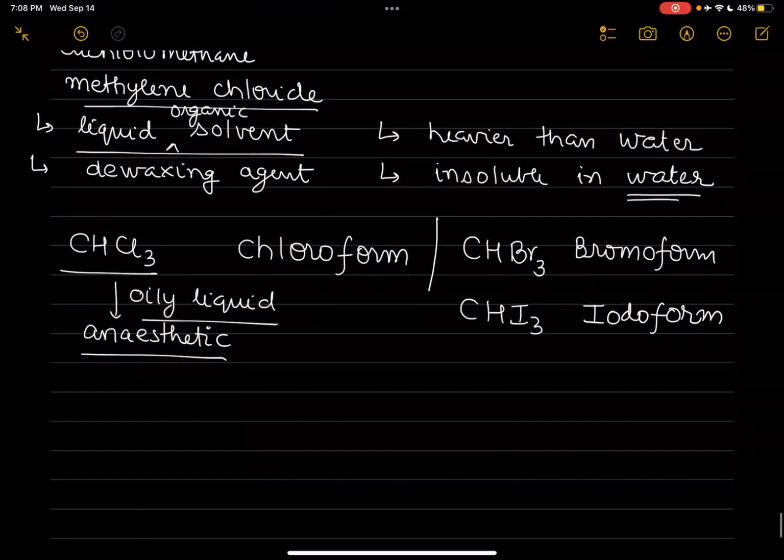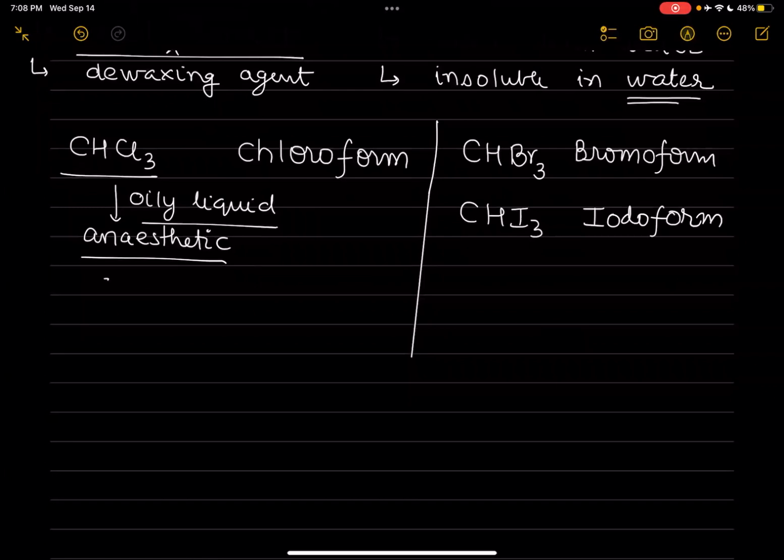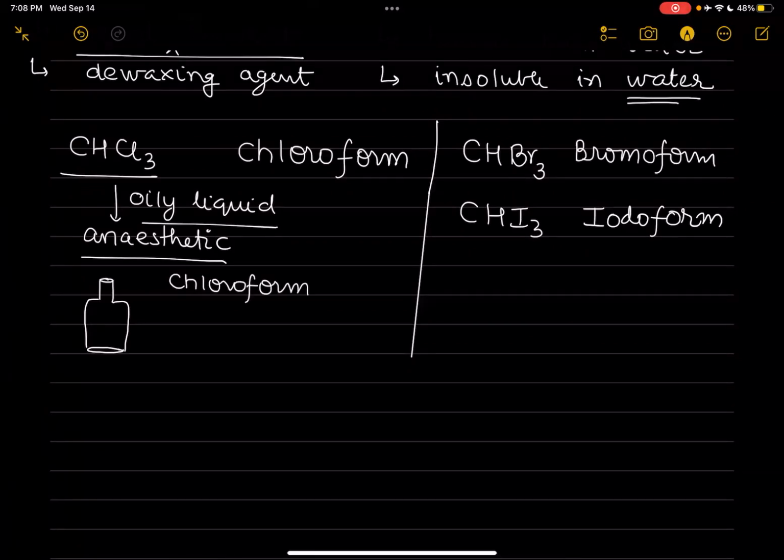And there is a very important question related to chloroform. Chloroform is stored in dark bottles in the lab. Why? Why is chloroform stored in dark brown colored bottles?